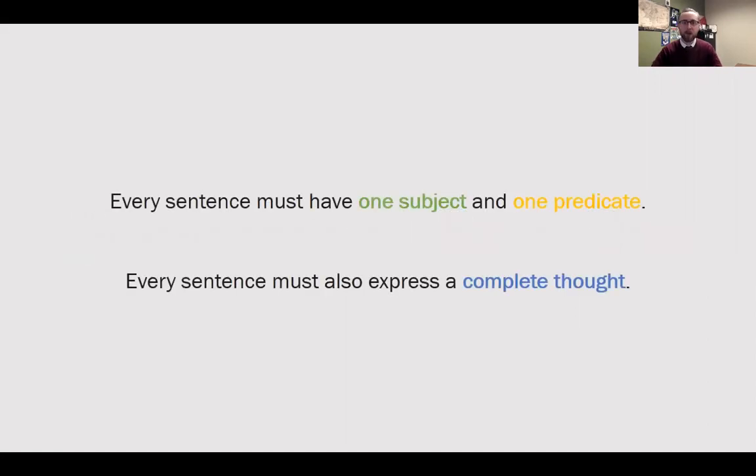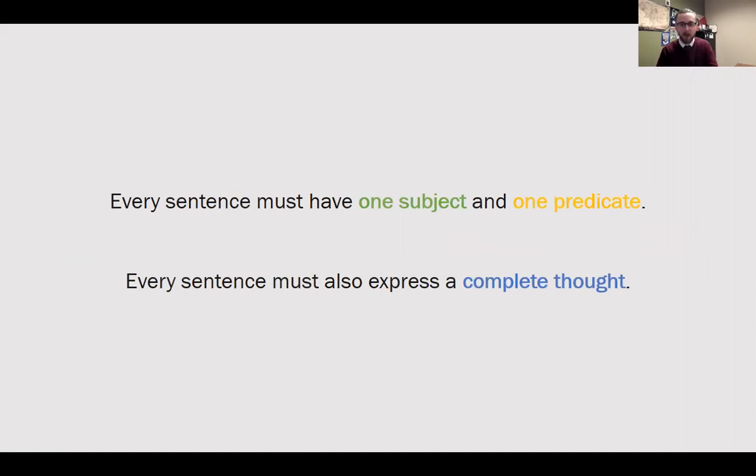First off, I want to start with some definitions, some ground rules for what a sentence needs. First, a sentence needs one subject and one predicate. A subject of a sentence, and we've talked about this, is who or what is doing something or is existing. It's a noun or a pronoun.